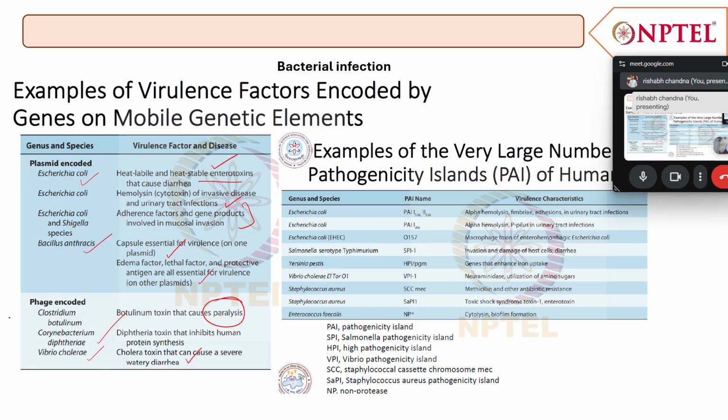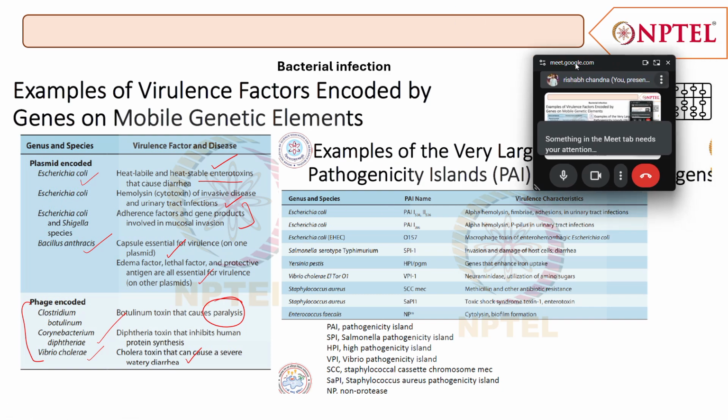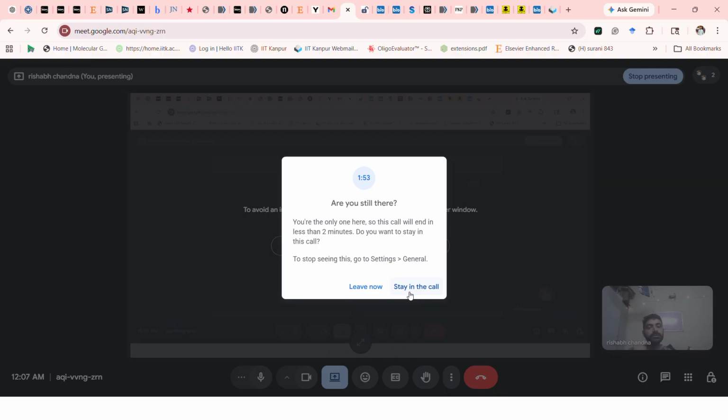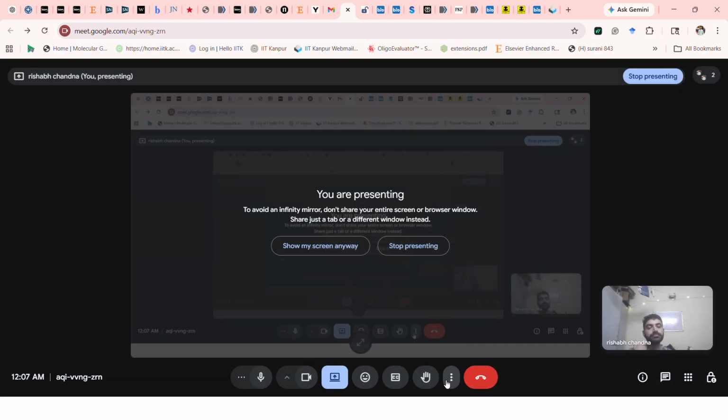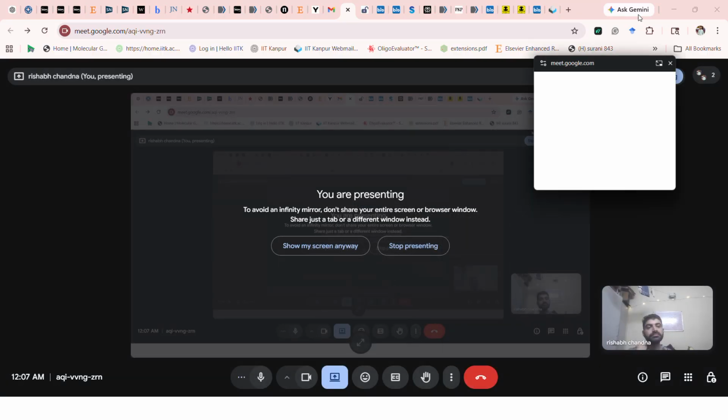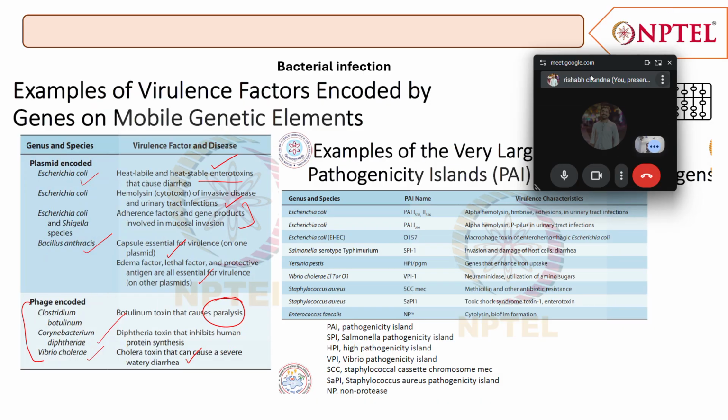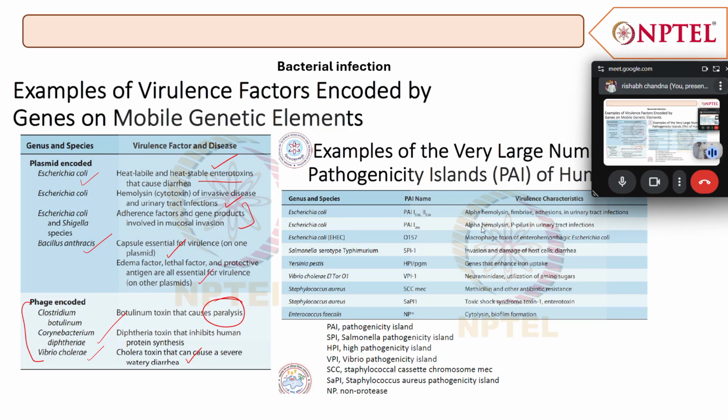So all these genes are encoded by a phage that infected the bacteria containing these virulence genes.